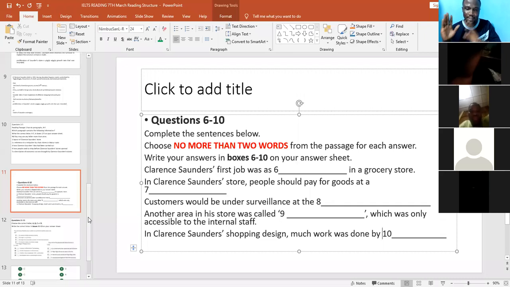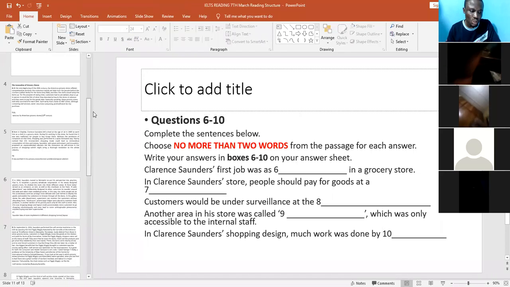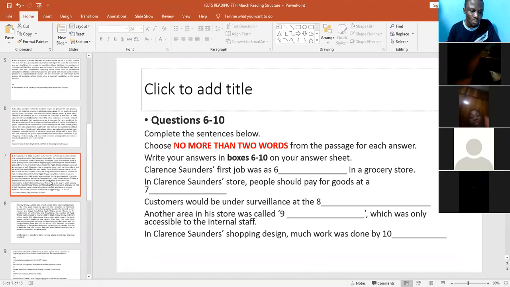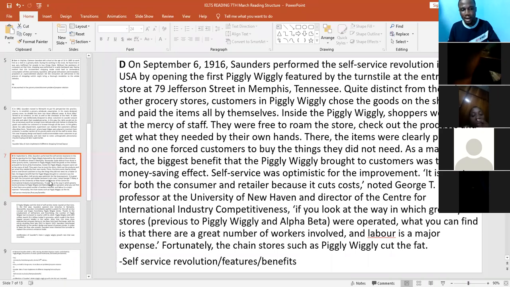But that's the first part, understanding the main idea. Now I want to take us back to the most voluminous paragraph, because most of us see this and get absolutely scared. You don't need to. What you are looking for is the keyword.